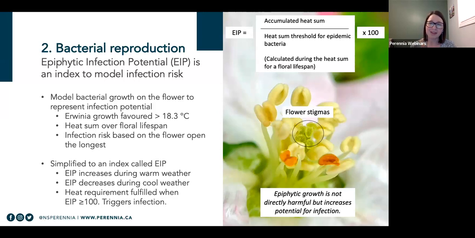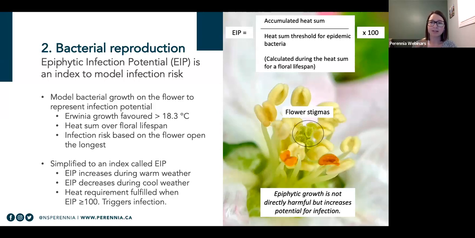That bacterial growth keeps track of the accumulated heat sum, so the amount of heat that we've seen over a certain period of time, divided by the amount of heat that is required to have enough of a bacterial population to cause an infection, like an epidemic level of infection.